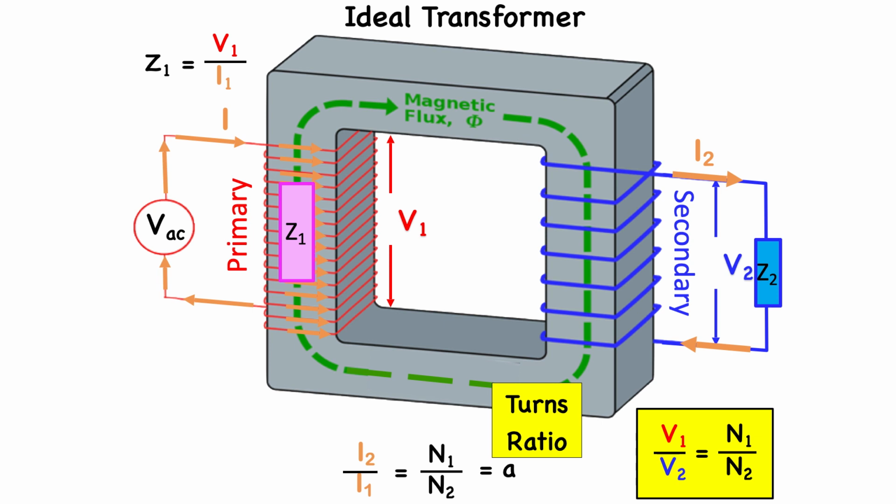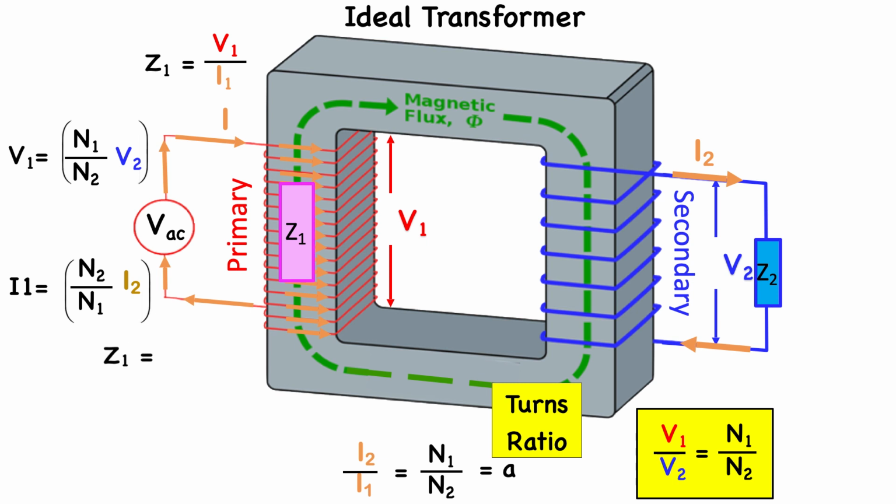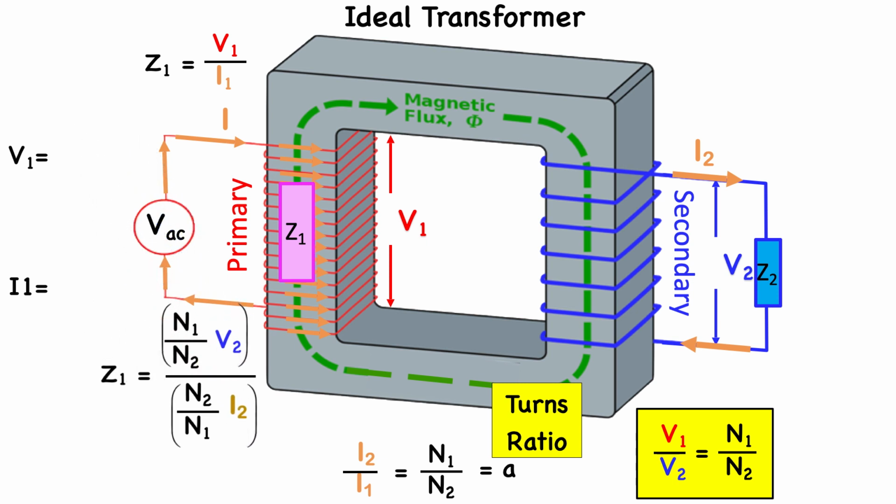We can substitute for V1 by using the turns ratio and V2, and we can substitute for I1 using I2 and the turns ratio of the transformer to give us this equation, which is N1 all over N2 times V2 all over N2 over N1 times I2.